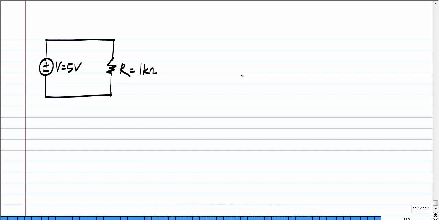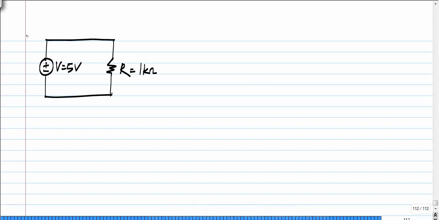Now, let me consider a voltage source of value 5 volts connected to a resistor of value 1 kilo ohm. Now, we will do this carefully. We do not always have to do it this formally, but you have to be very mindful of the directions of current and voltages that you consider.